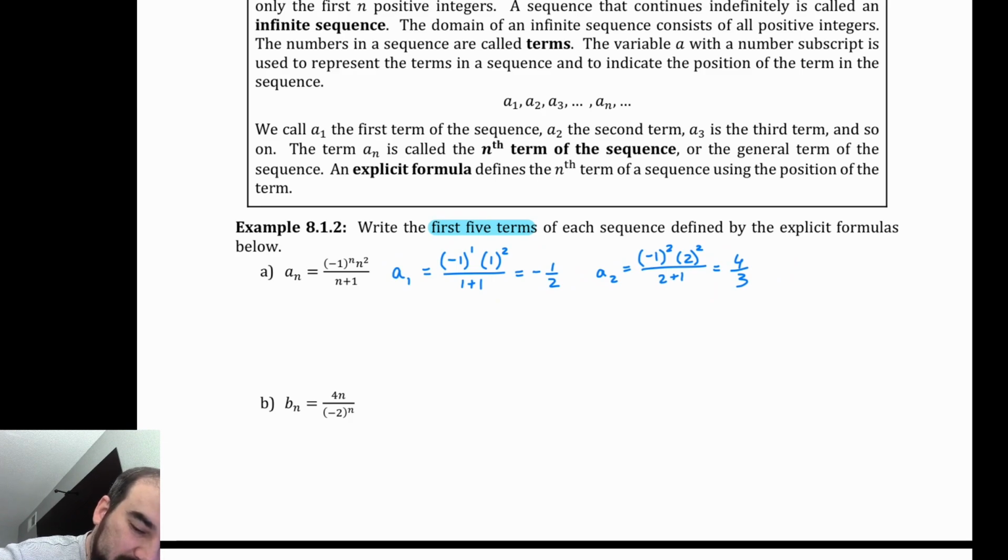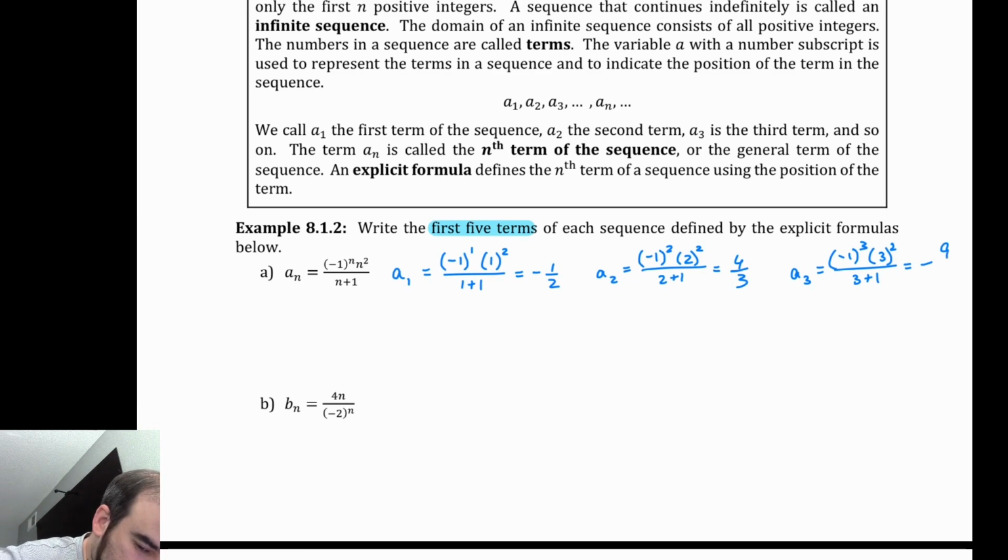And so on. So we can plug in for a sub 3. I might as well finish this question. Negative 1 cubed, 3 squared divided by 3 plus 1. Negative 1 cubed is negative 1. 3 squared is 9. So we get negative 9 over 4.